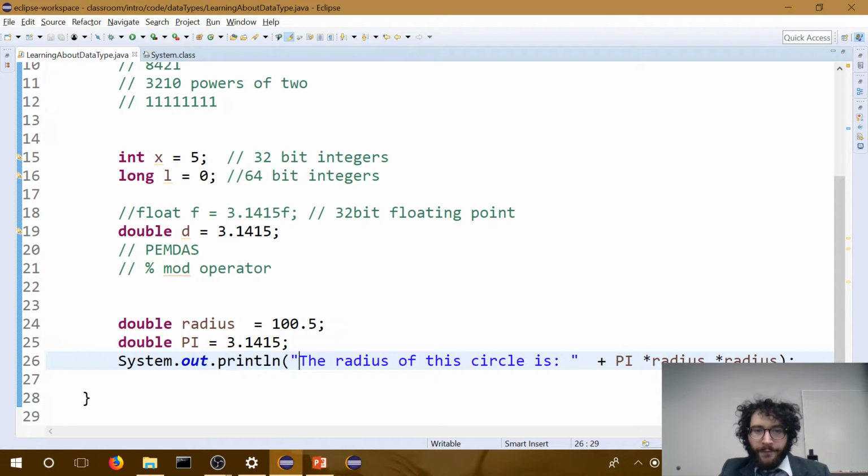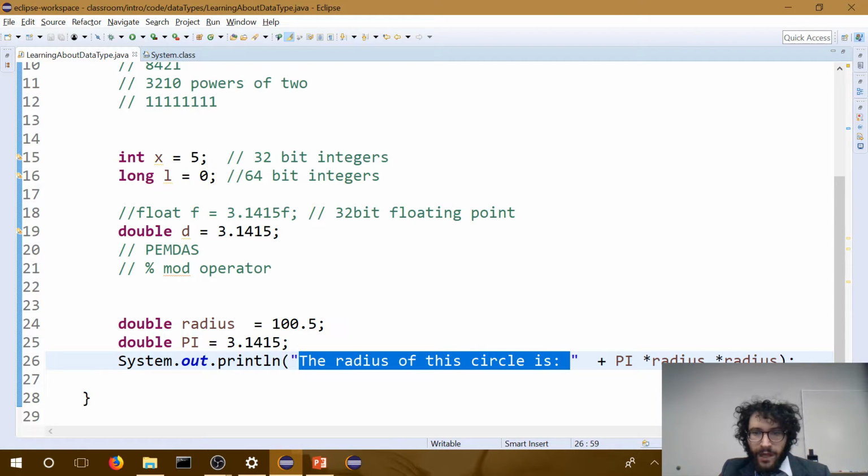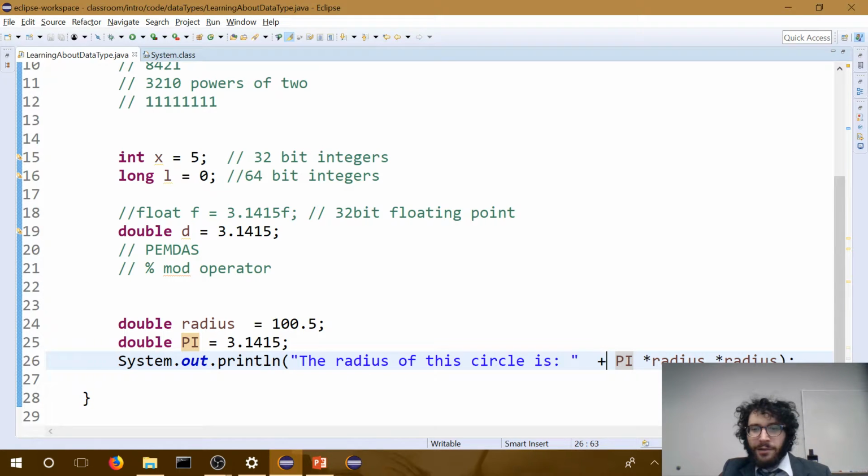So the radius of this circle is, plus pi. So we've got this bunch of characters, which is called a string, by the way, plus pi times radius times radius. And what's going to happen over here?